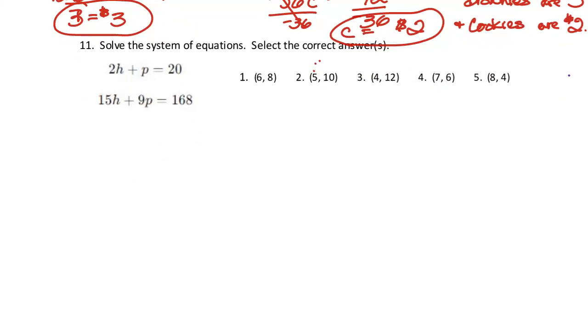Solve the system of equations. Here they give you the equations, gentlemen. They give you the equations. Are either of them isolated? Should I use substitution or elimination probably? Well, you don't have P equals, and you don't have H equals.